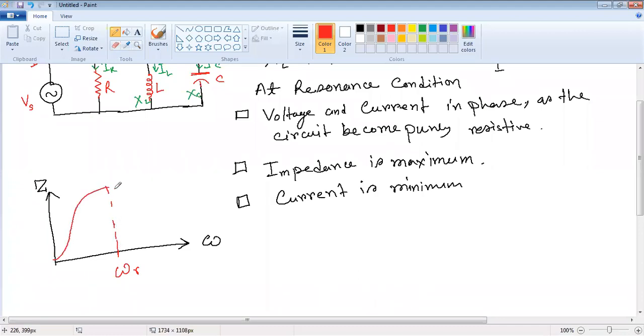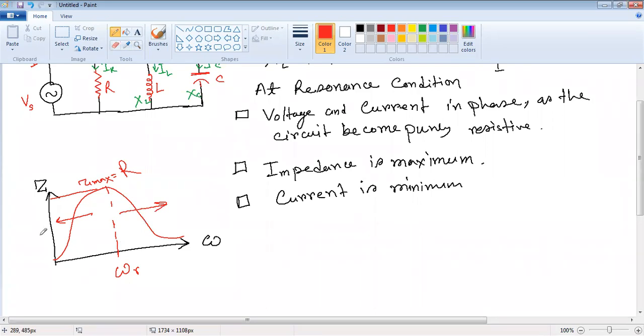This is Z maximum, equal to R. At the resonant frequency omega r, impedance is maximum, but whenever you move in either direction, impedance reduces.